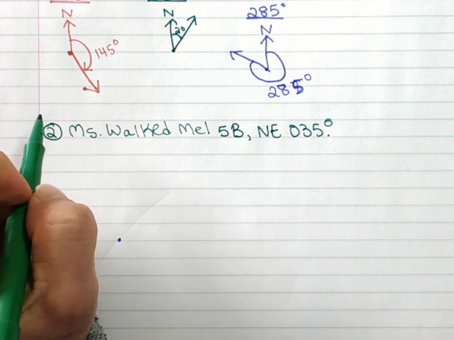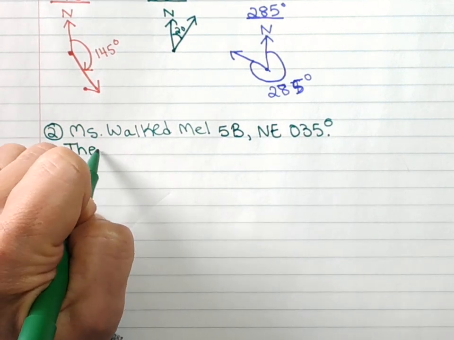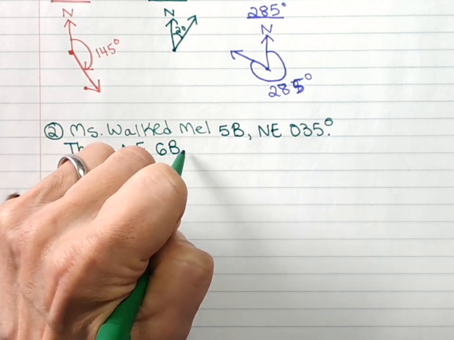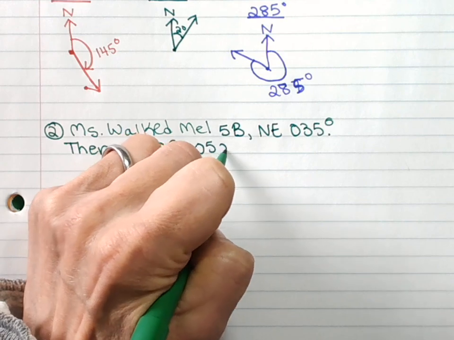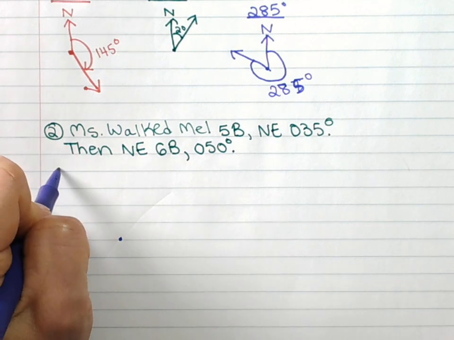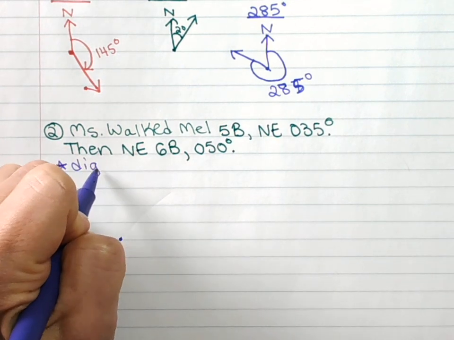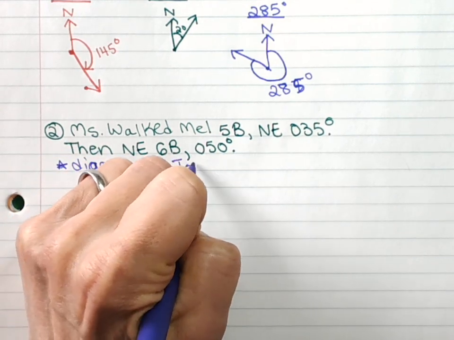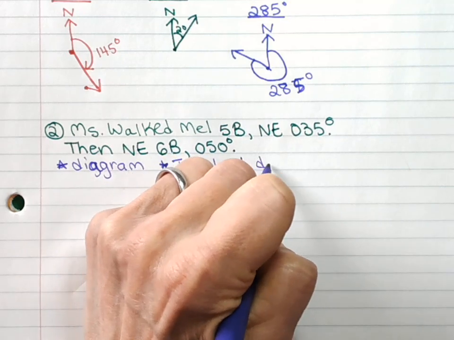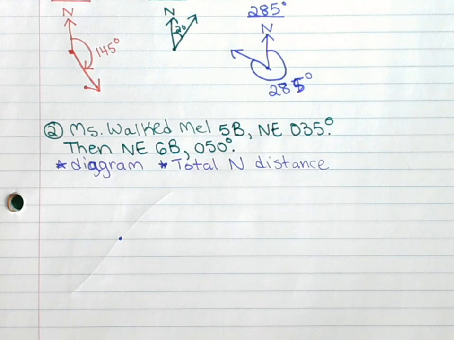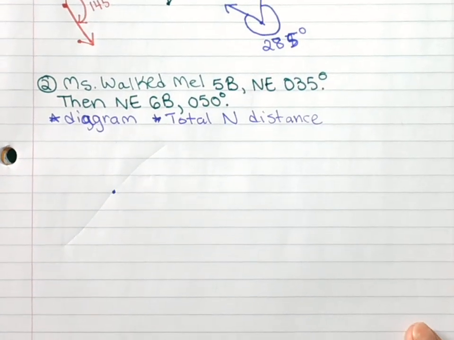Then the dog sniffed a tree and then continued northeast for 6 blocks, but at a bearing of 50 degrees. We need 2 things. We need a diagram, and then we need the total north distance. And feel free to pause the video at any place to make sure that you are following along.